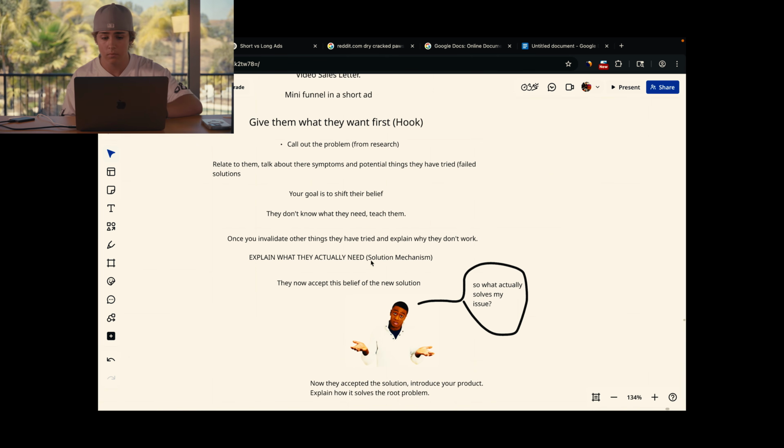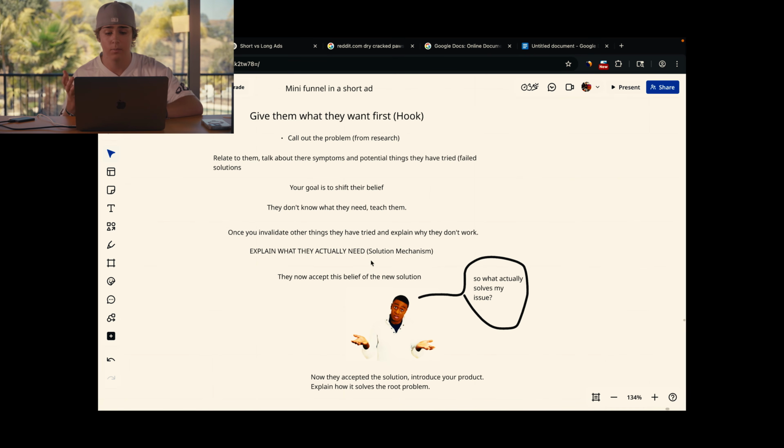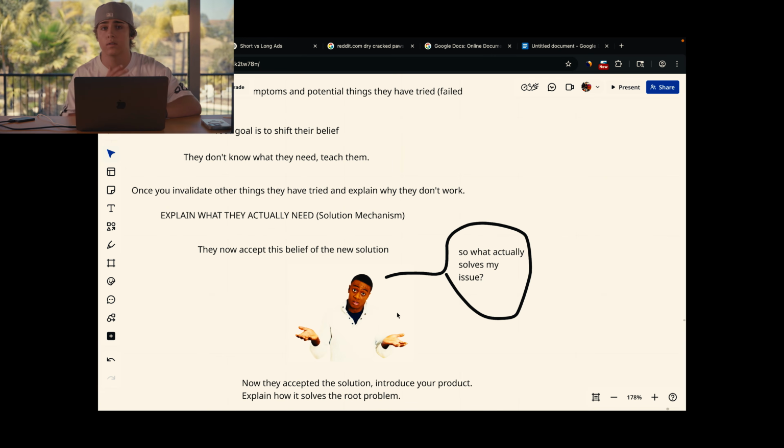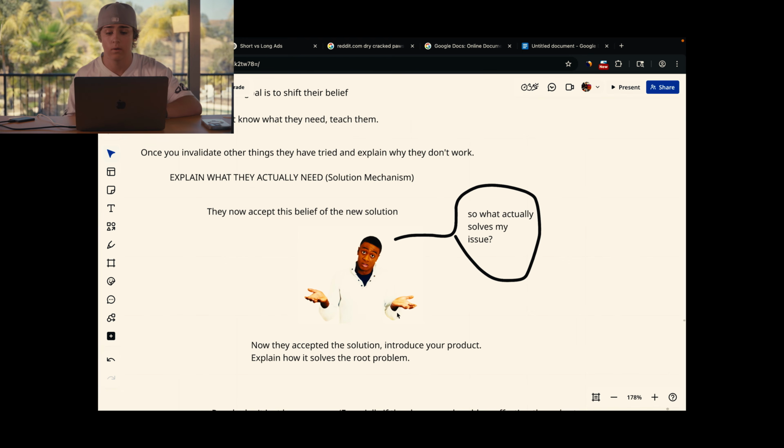So now that they accept this belief for the new solution, your prospect is going to question what actually solves my issue. Beautiful. Now that they've accepted the solution, introduce your product. You don't want the introduction of the product to just be, boom, now we created this product. You want it to be natural.